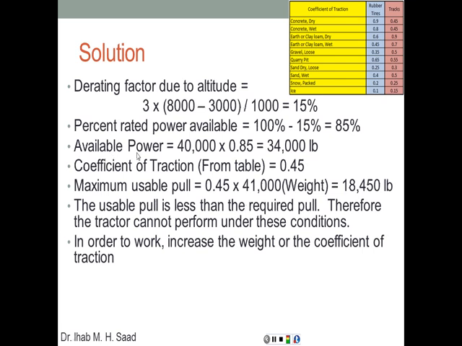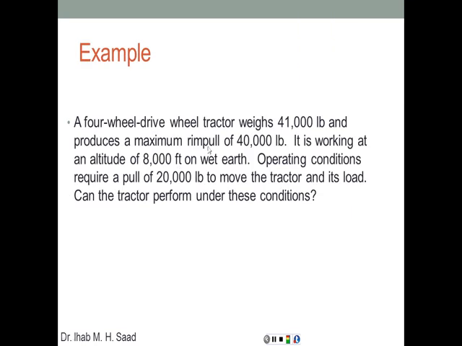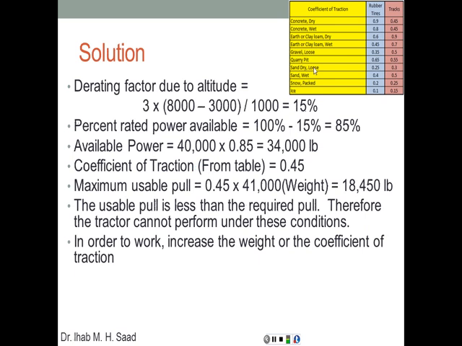Therefore, the available power is 40,000 times 0.85, which is 34,000 pounds. Now, the coefficient of traction based on wet earth, we're going to look here. Wet earth for rubber tires is going to give us a factor of 0.45.